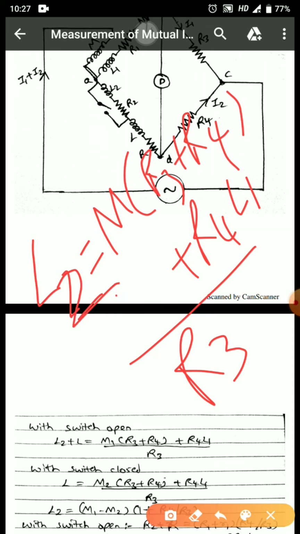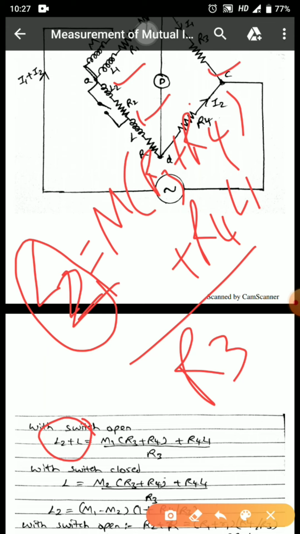Now the circuit is similar, so I'll be using the same expression. Here L2 will be modified because the switch is open. When the switch is open, L2 and L both will be connected, so therefore I'll get L2 plus L is equal to M1 into (R3 plus R4), similarly R3 plus R4, this third and fourth branch, then R4 L1. So in this manner, I am getting the first expression.